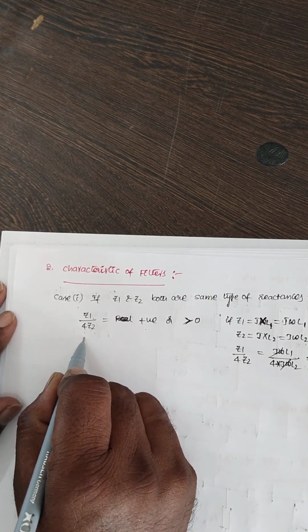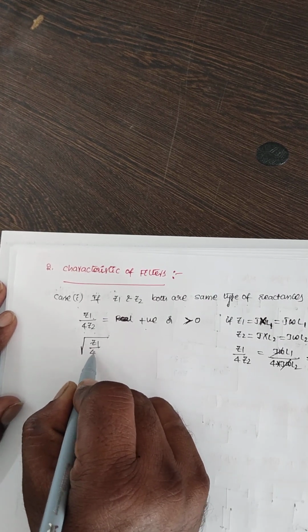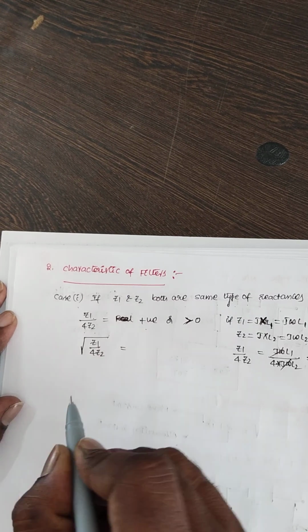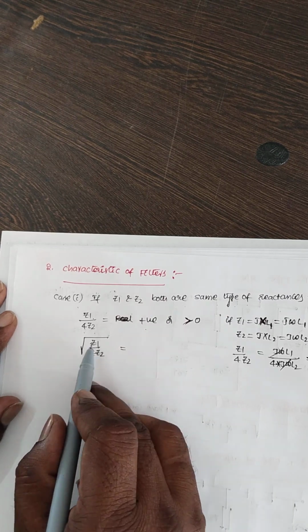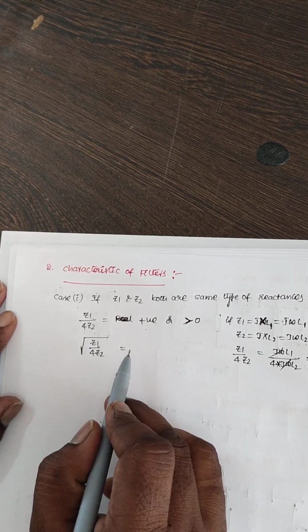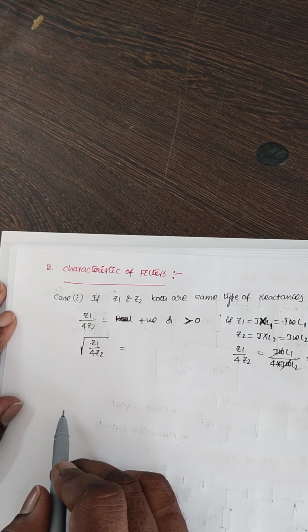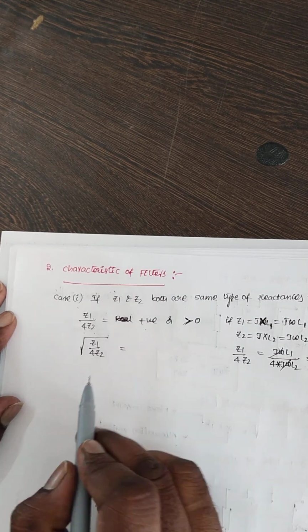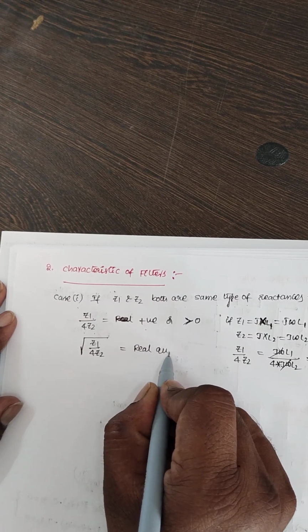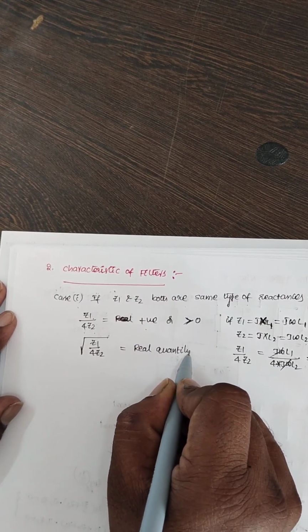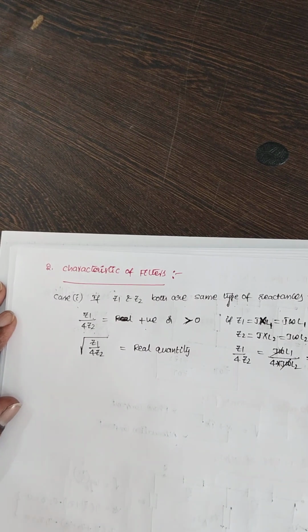Now what is the square root of Z1 by 4 Z2? There is no negative value here. If there were a negative value, then it would be an imaginary quantity. But here it is a positive value, so it is a real quantity. There is no imaginary term here.